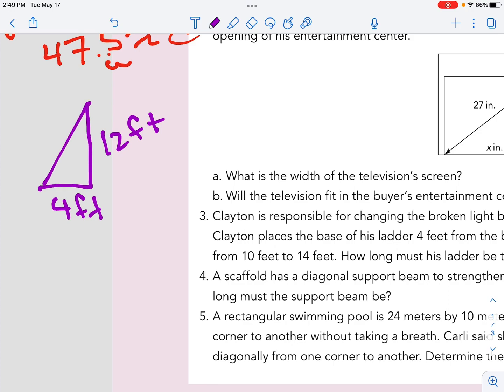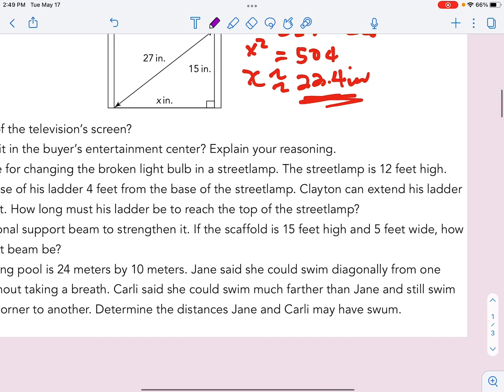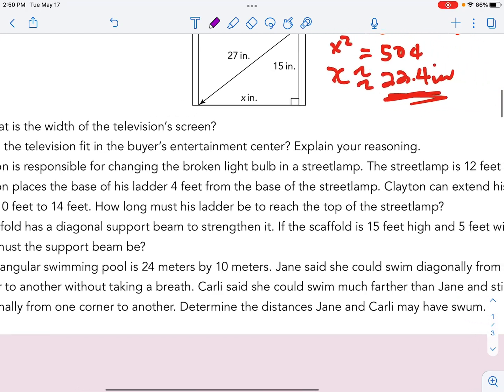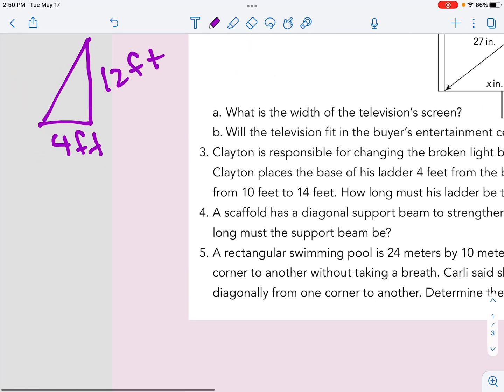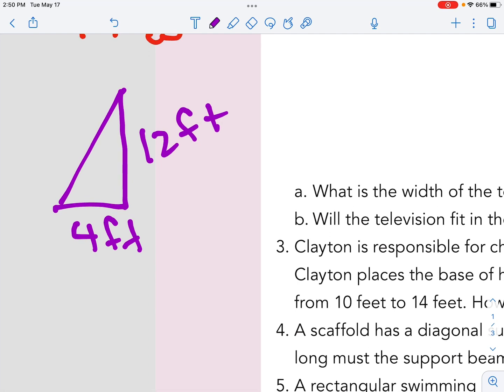And we want to know, it says Clayton can extend his ladder from 10 feet to 14 feet. How long must his ladder be to reach the top? Okay, so in order to do this, I need to do 4 squared plus 12 squared equals x squared.